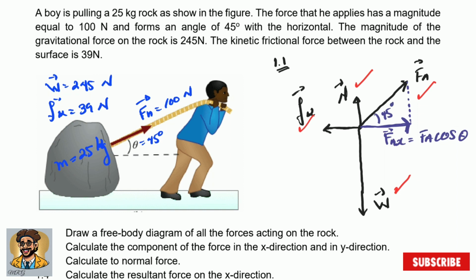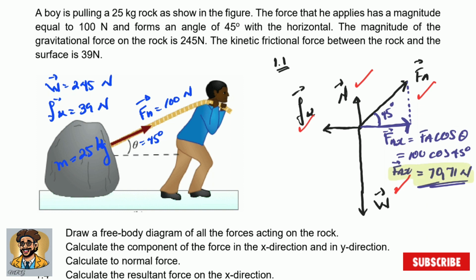Substituting, the applied force is 100 multiplied by the cosine of 45 degrees. FA in x will be equal to 70.71 Newton. That is the answer for the horizontal component.